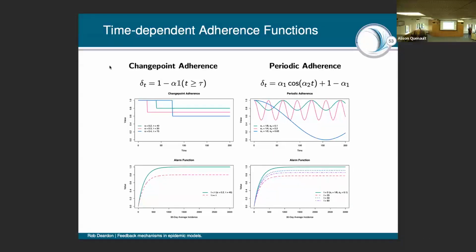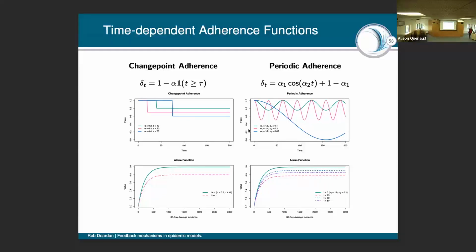I think I've got 4 of these. So one idea again is a change point adherence. There's some point in time where the adherence goes from 1 and steps down. So you get an alarm function overall that looks like this at different time points. She's played around with periodic adherence.